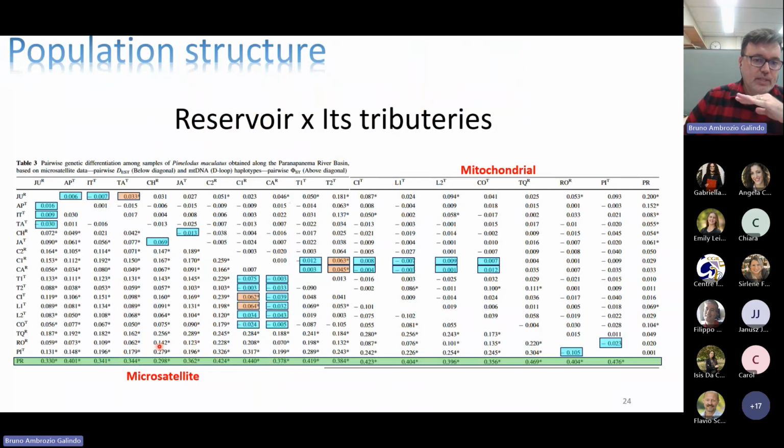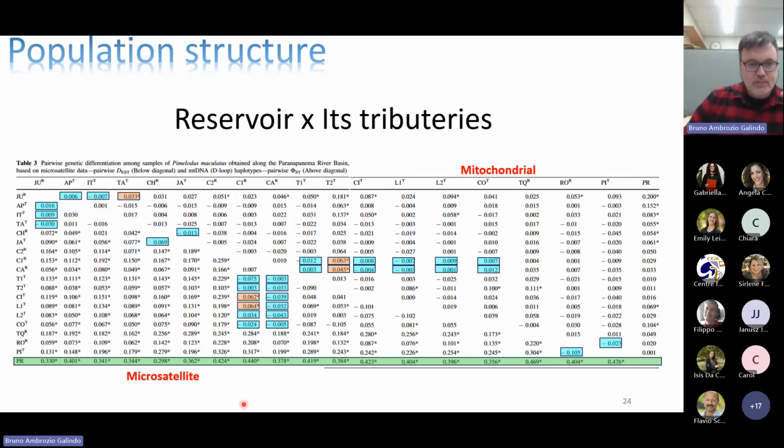Here I have microsatellite data, here I have mitochondrial data, and I'm looking for population structure. I know the numbers are pretty small in this table, so I highlighted with blue the non-significant results, and I highlighted with orange the ones where the outcome was significant, but the value of genetic structuration was pretty low, okay?